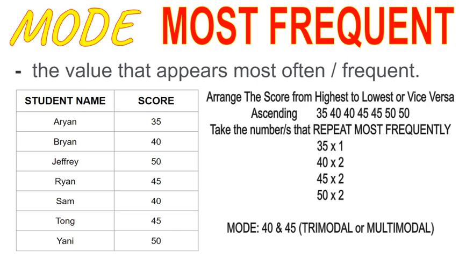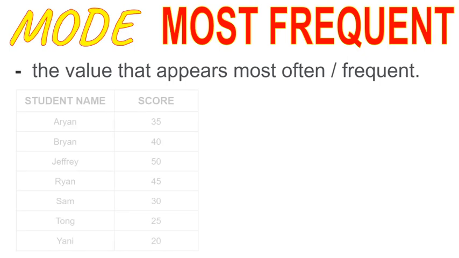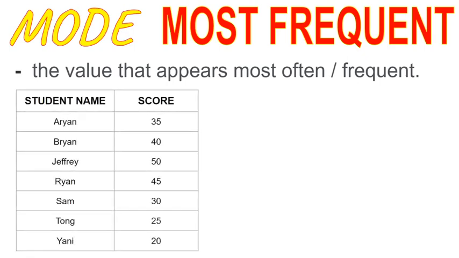So since there are 3 numbers that appeared most frequently in this data, then we will call 40, 45, and 50 trimodal, or you can simply refer to that as multimodal.